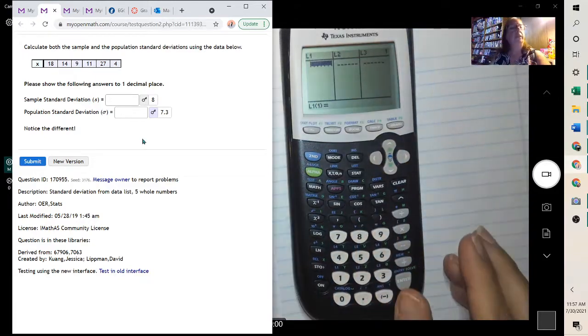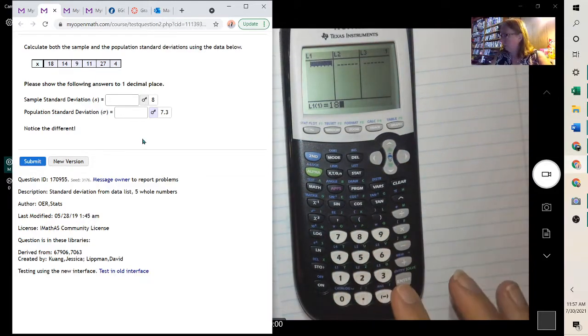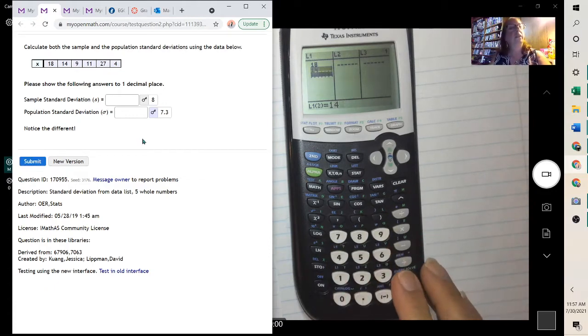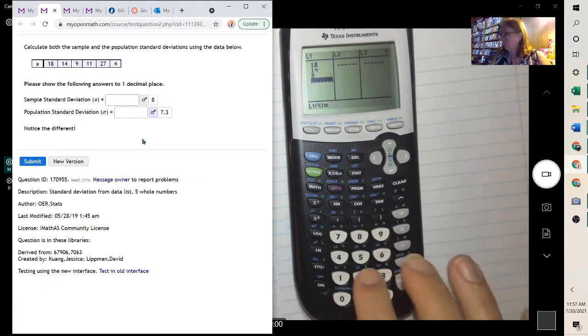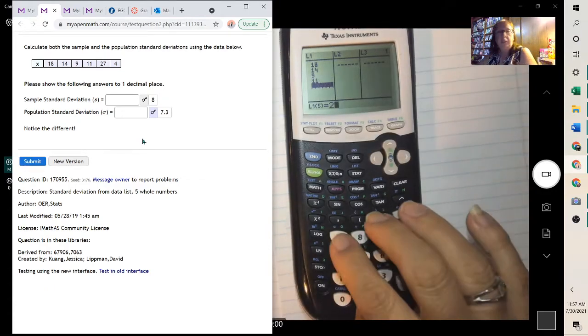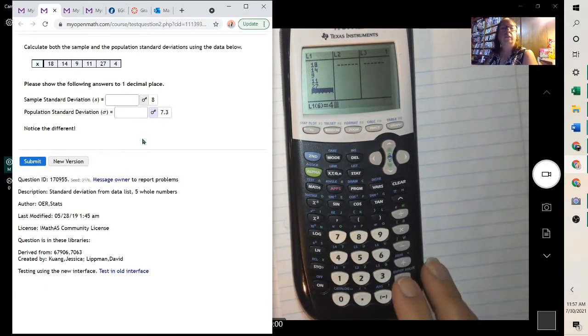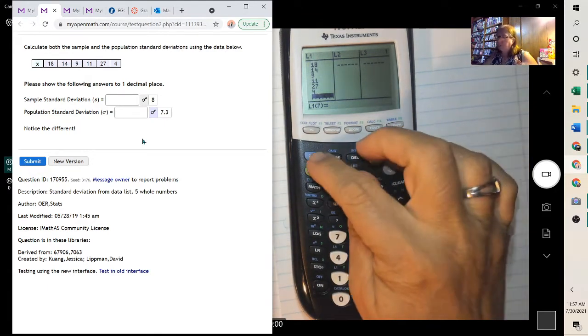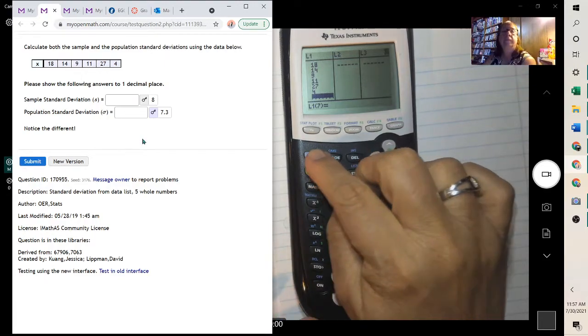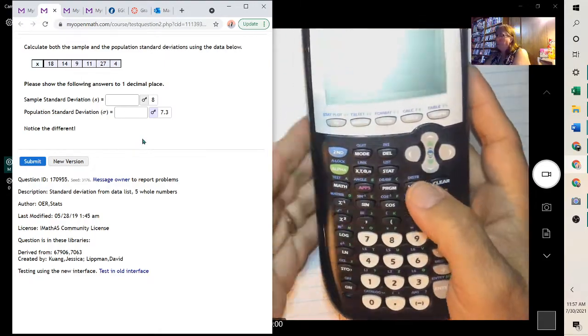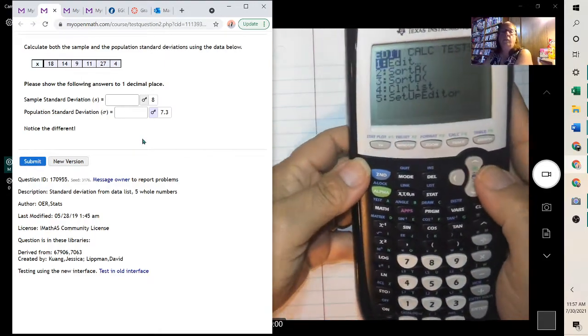And I'm going to put these values: 18, 14, 9, 11, 27, and 4. And then you can hit second and quit. Go back to stat. Go over one to calc.